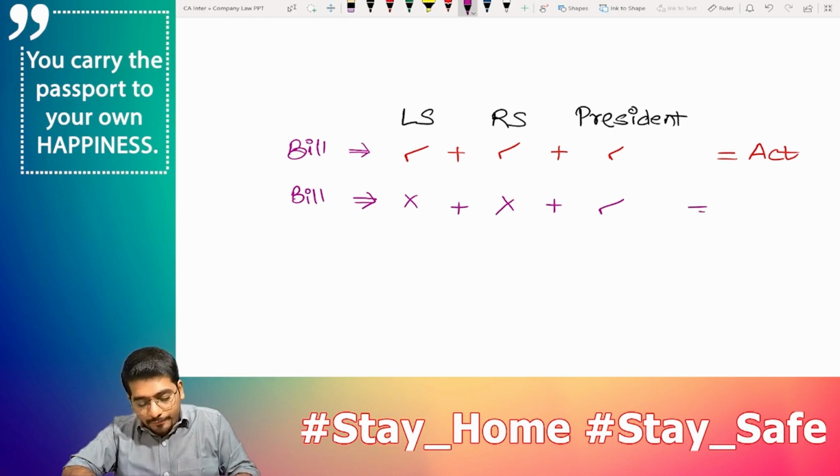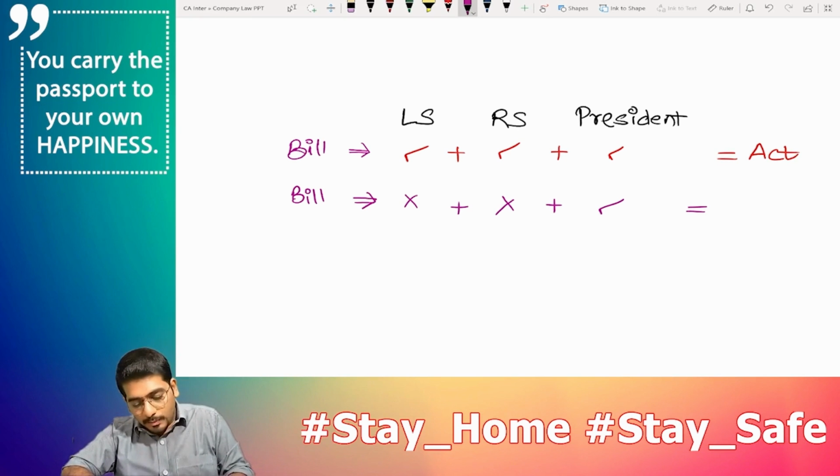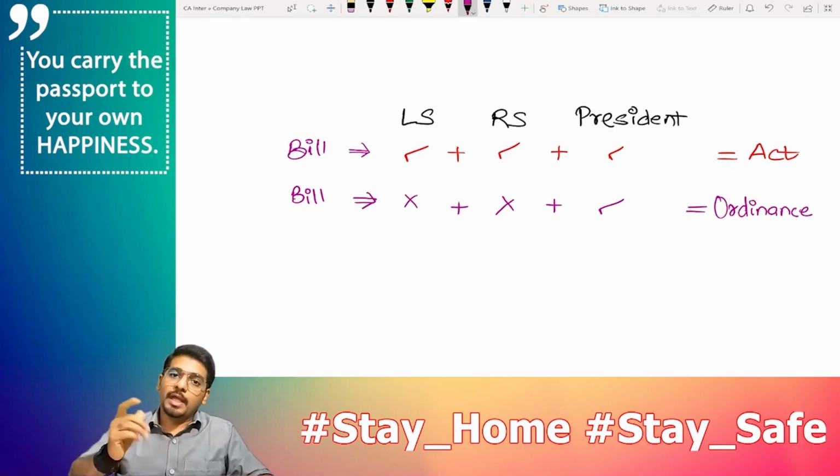This type of bill, which receives the consent of the president first and later goes for the approval of both the houses of the parliament, we call an ordinance. What do we call it? Ordinance.